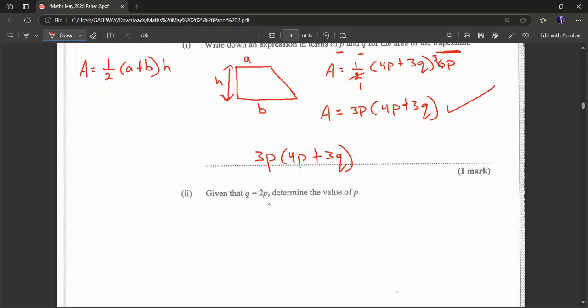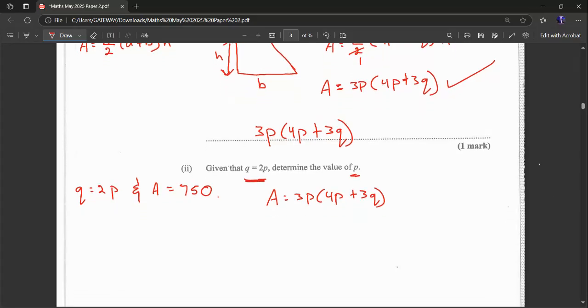Now let's say given that Q is equal to 2P, determine the value of P. So we know that Q is equal to 2P, and we also know the area was equal to 750 square units. So remember, recall the formula. A is equal to 3P times (4P plus 3Q).